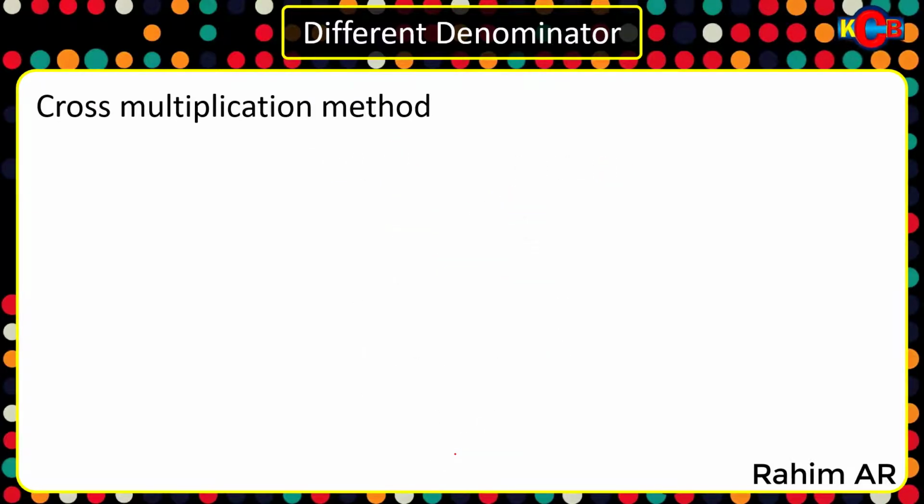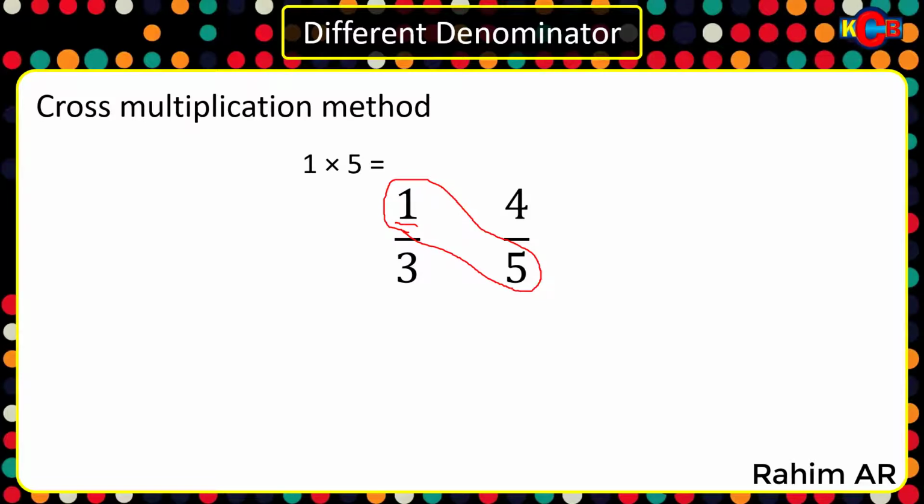Next, we try to compare between 1/3 and 4/5 using the cross multiplication method. First, we do the cross multiplication here, like this, and multiply between 1 and 5. 1 times 5 equals 5.